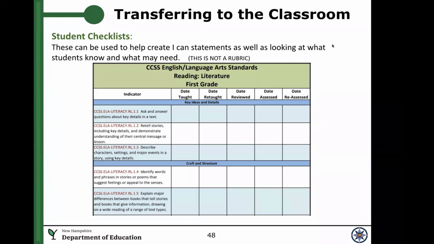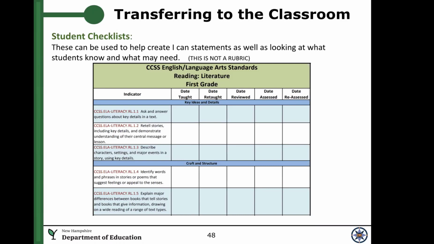Here, I think it's important to note that for each kid and for a class as a whole, it's important to understand as the teacher where you're at in reference to checks and balances on these state standards, the Common Core state standards. So make sure that you have a record of when you're teaching things, when you've retaught them, when you feel that kids have mastered the standards.